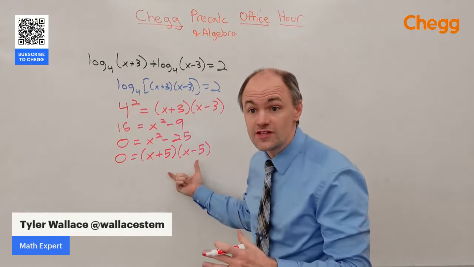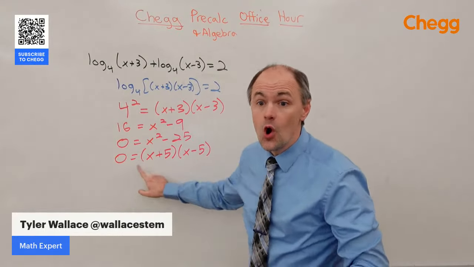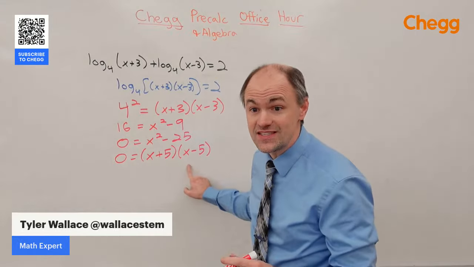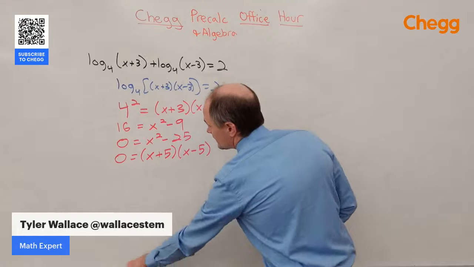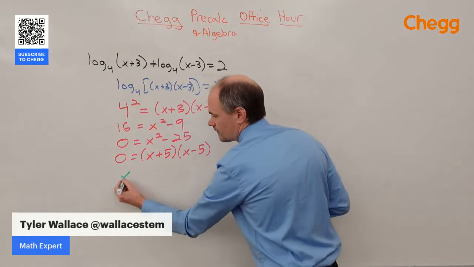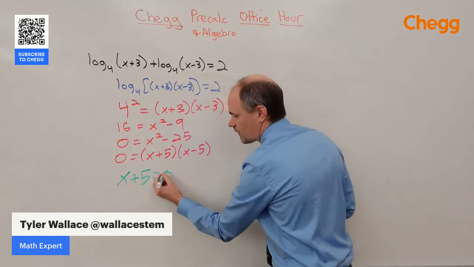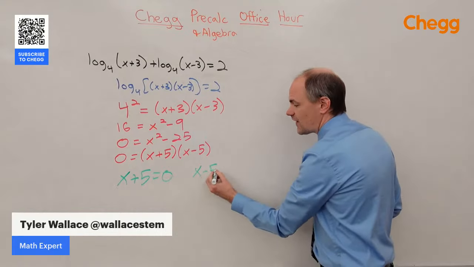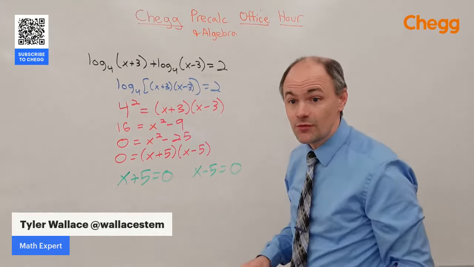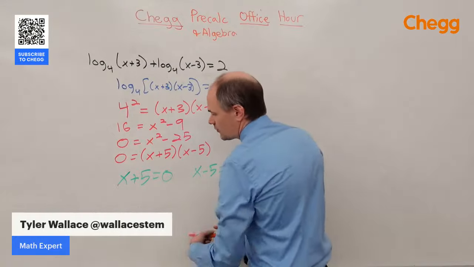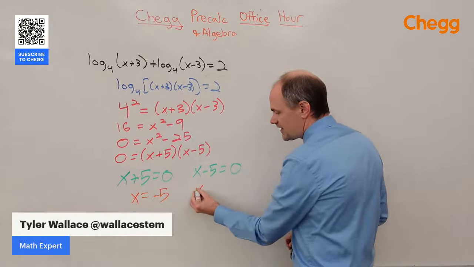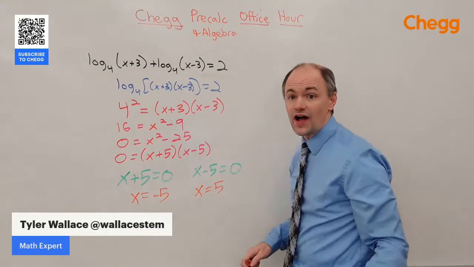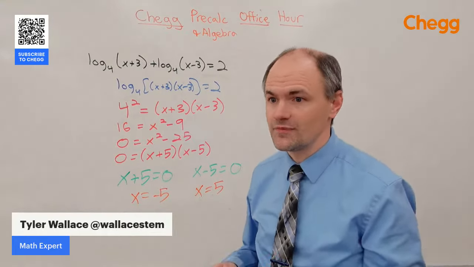We know that if two things multiply together to equal 0, one of those two things has to be 0 as well. So that means either the x plus 5 is equal to 0, or the x minus 5 is equal to 0. What's nice about this is it solves really quickly. Subtracting 5 tells us x is negative 5. Adding 5 tells us x is 5. And we get our two solutions.